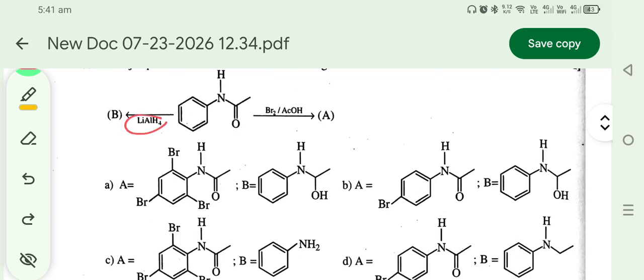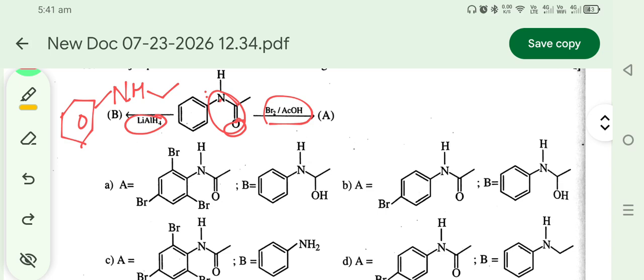With lithium aluminum hydride, amides are converted to amines. That is a reduction by lithium aluminum hydride. The amide part is converted to amine. And reaction with Br2 and NaOH: in the amide, nitrogen is bonded to the aromatic ring, and due to the presence of a lone pair, it acts as a ring activating group. Electrophilic substitution occurs at the ortho and para positions, and para is more stable.